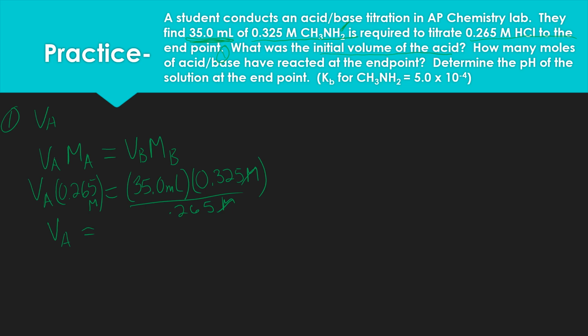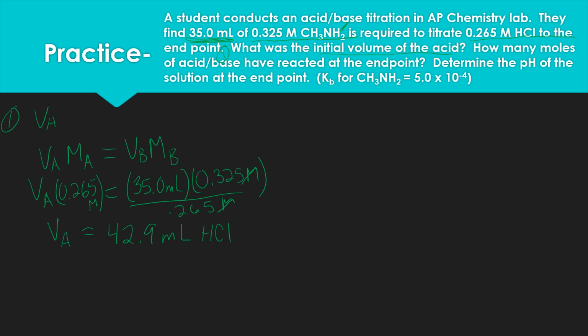So we get 35 times 0.325 divided by 0.265, and we get 42.9 milliliters of our acid, which is HCl. So we know our initial volume of our acid. We can use that equation to find initial volume, initial molarity, those kinds of things for our chemicals.